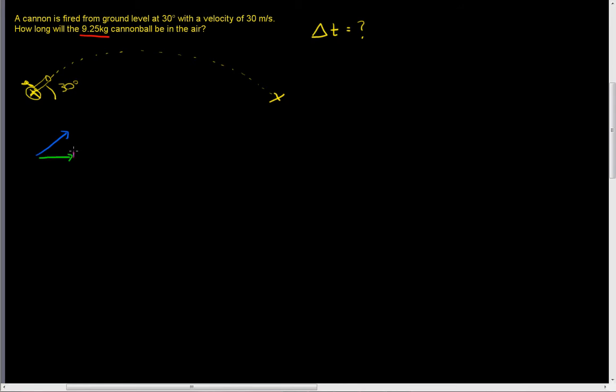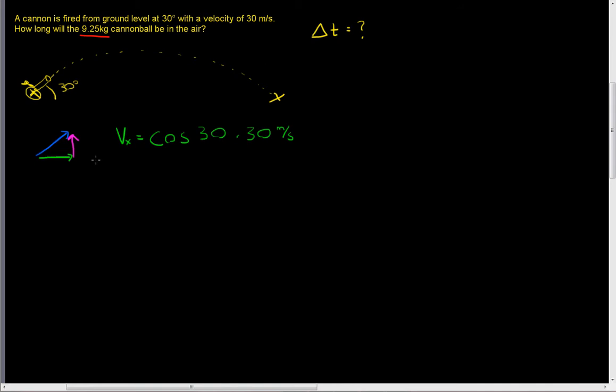Our velocity in the x direction is going to be equal to the cosine of 30 degrees times our velocity, 30 meters per second.